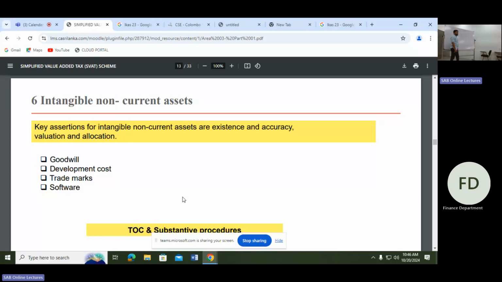So when we capitalize an asset in the books, we can't see the physical substance, but we have to give a value to it. It may be very difficult, right, compared with the tangible asset process.